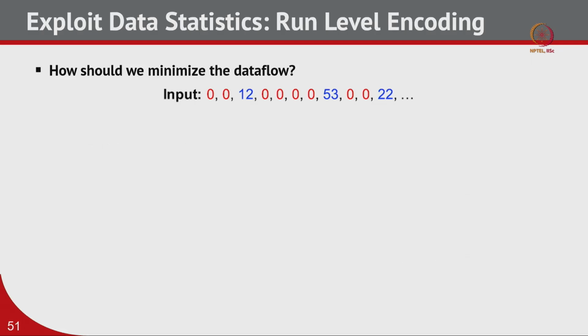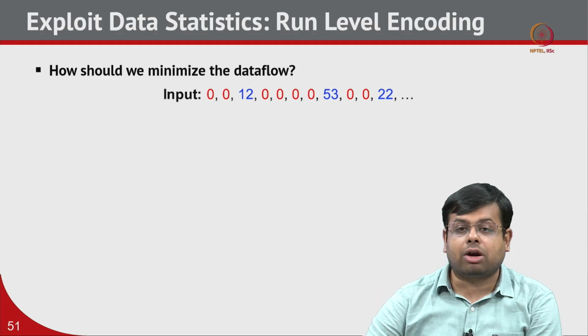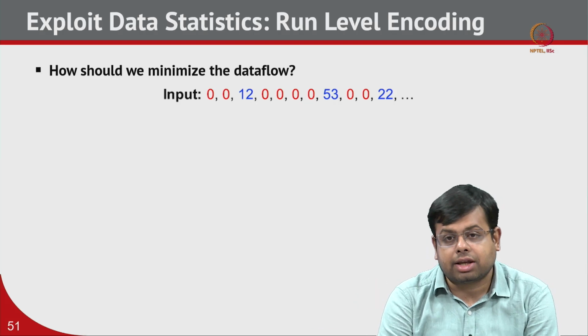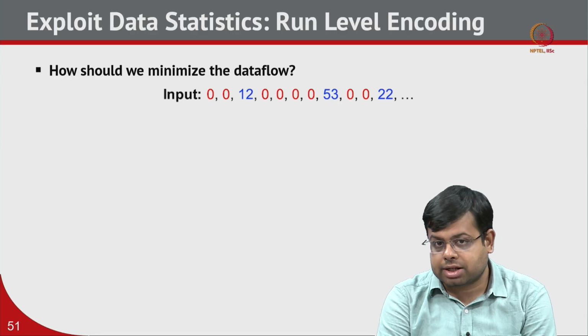Now, if you remember, when we were discussing the high level architecture of Eyeriss, we saw that they have proposed something called RLC, or run level coding in short. Now, remember, there is much data communication between the PE array, global buffer as well as the other scratchpad memory etc., right.